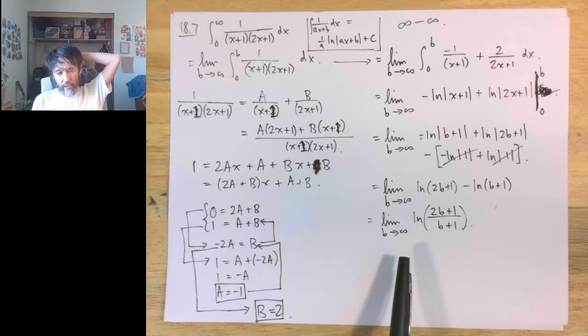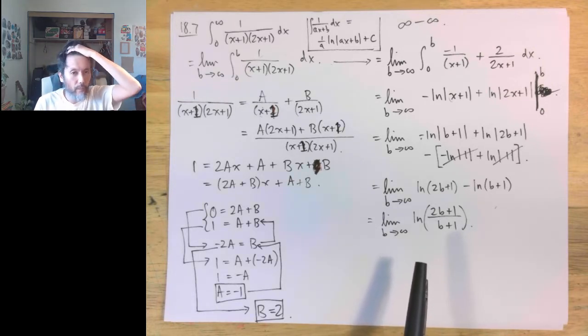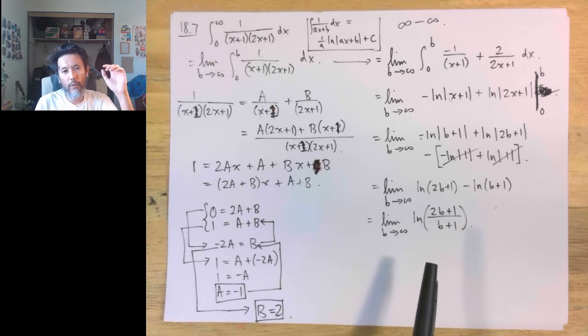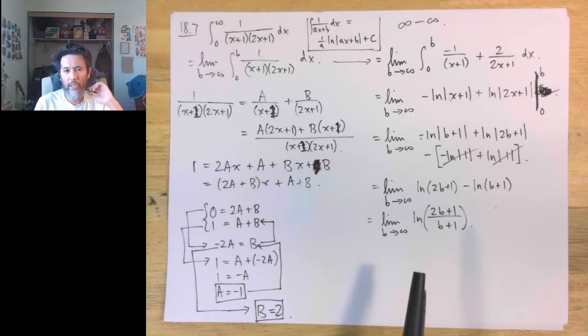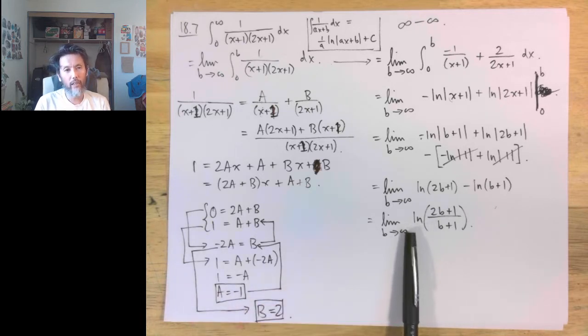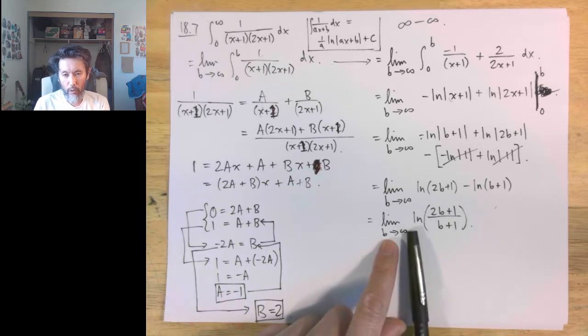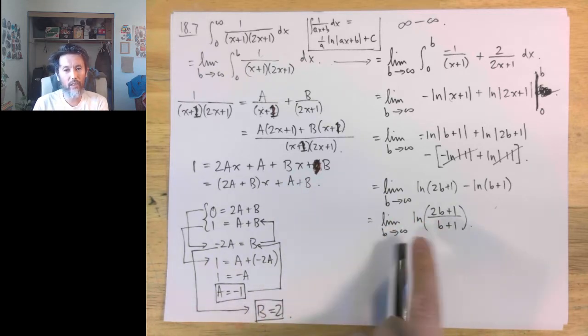Now, this is a very nice situation to be in because there's a very important fact about continuous functions. One of the things which characterizes continuous functions, like natural log of x when x is positive, is that you can swap the order of continuous functions and limits.